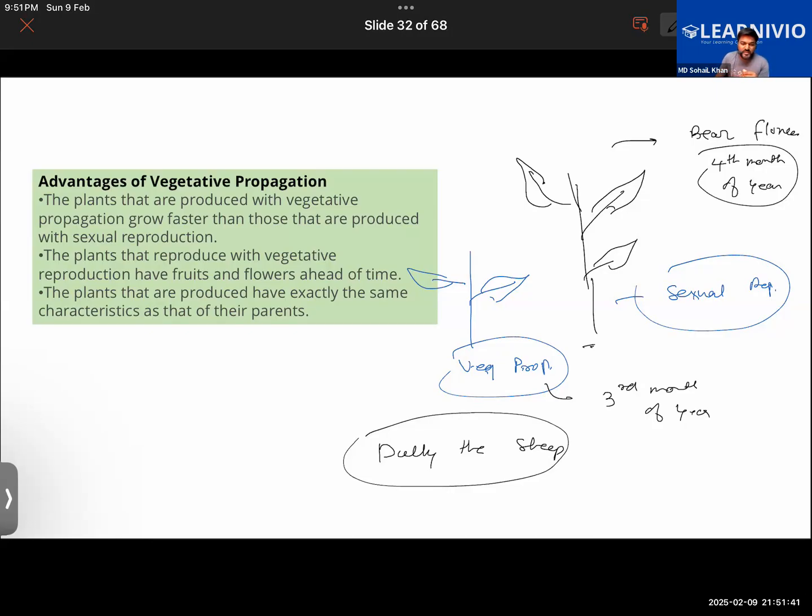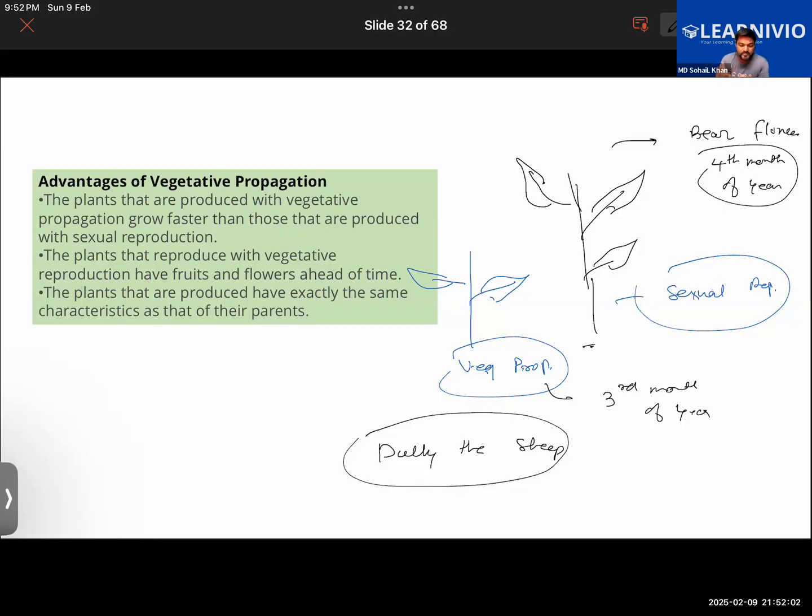Suppose, for example, via the scientific method, there's a boy and an exact copy of that same boy is created. This is done by the method of cloning. It has, by the way, not been tried on humans. It has been tried on animals, different mammals, but hasn't been tried on humans.